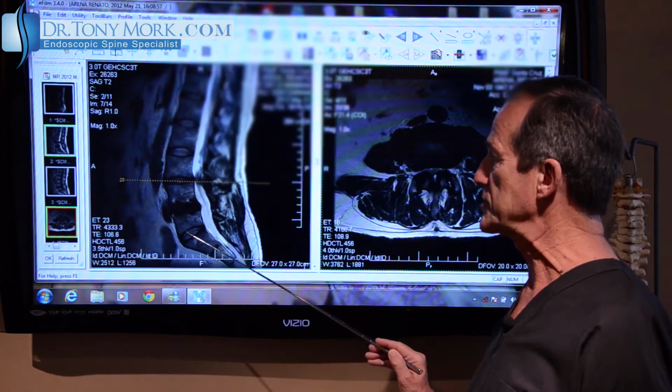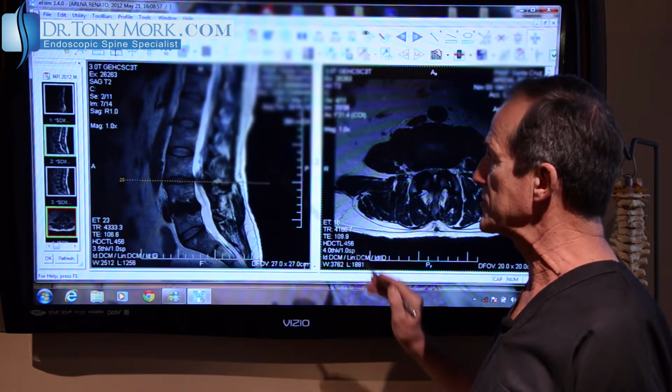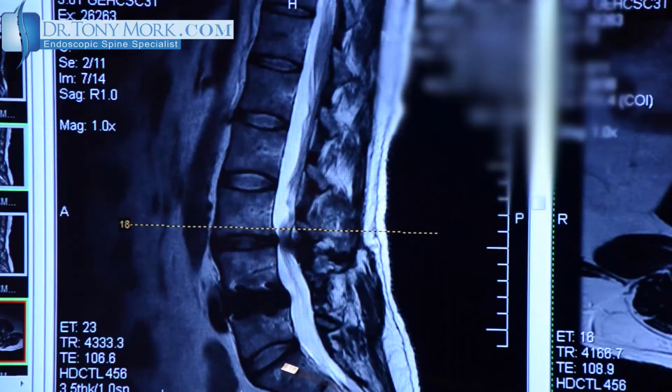Taking a look at his MRI scan, we can see on the sagittal view here, his disc spaces look really good, except for this. This is L4-L5. This dark space here between is the level where he was fused 10 years ago. And these are from cages that were placed in here. It looks like a very satisfactory fusion.